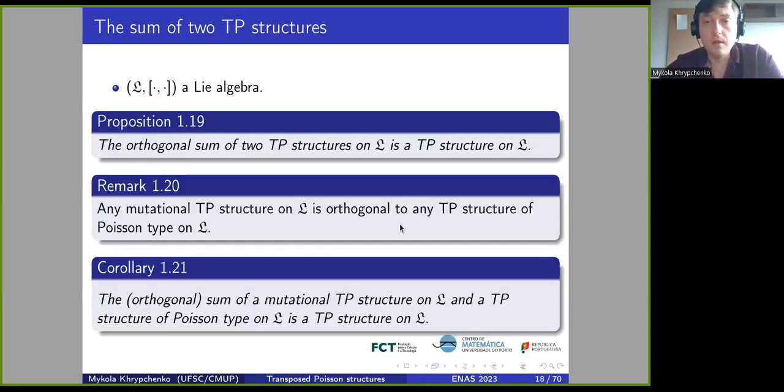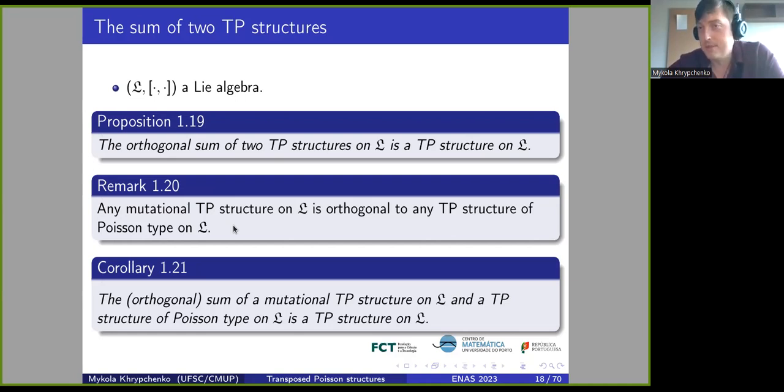So the orthogonal sum of two TP structures is a TP structure. And if you have a mutational TP structure and a structure of Poisson type, their sum is always orthogonal, so they are always orthogonal to each other. So their sum is always a TP structure.